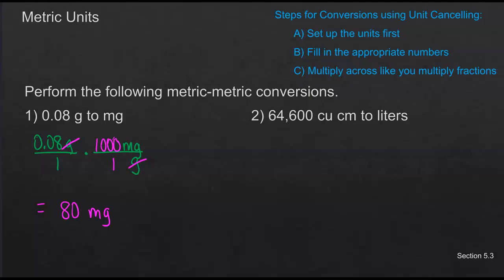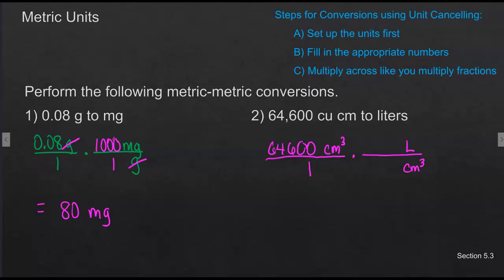All right, let's take a look at this next one. So we have 64,600 cubic centimeters. I'm going to write it like this. It's just a little bit shorter for writing it here. I'm going to write that over 1, and then I'm multiplying it to get rid of cubic centimeters and go to liters.